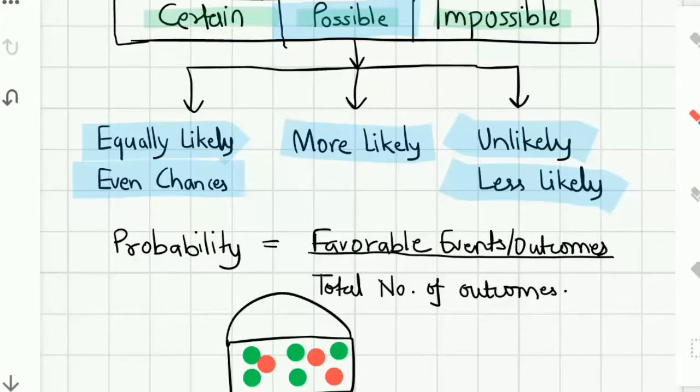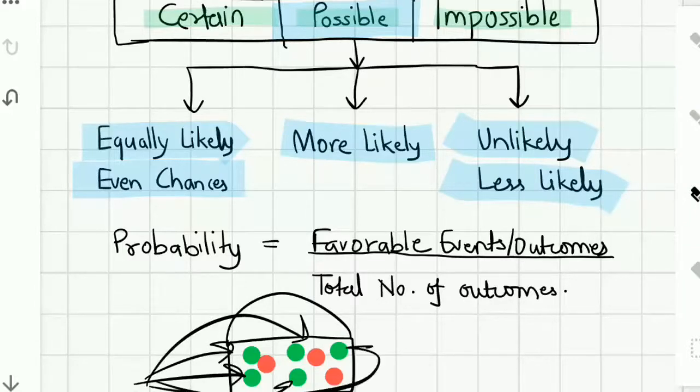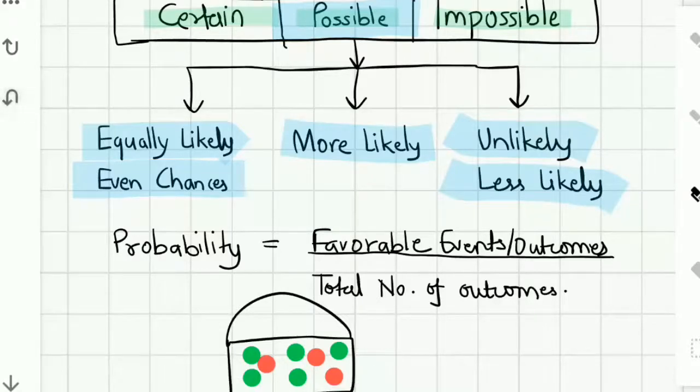So if I put my hand inside the bag and take out 1 ball, it's more likely that a green ball will come out. Why? Because there are more green balls than red balls. So this bag is biased, right? So what is more likely here? The event where a green ball will come out.